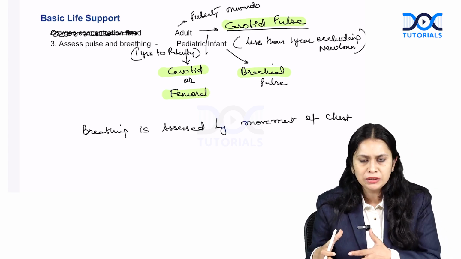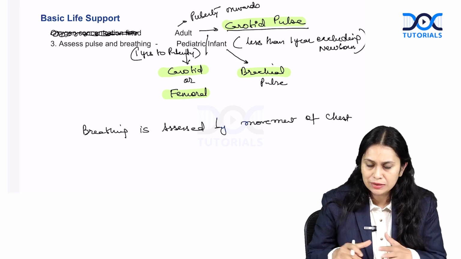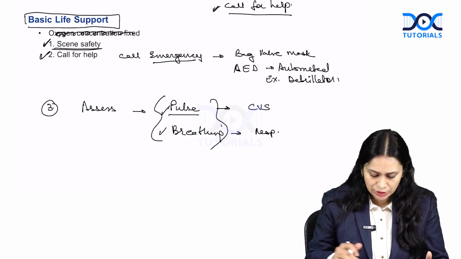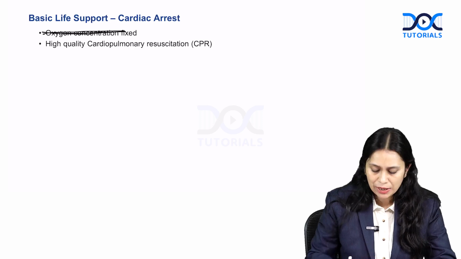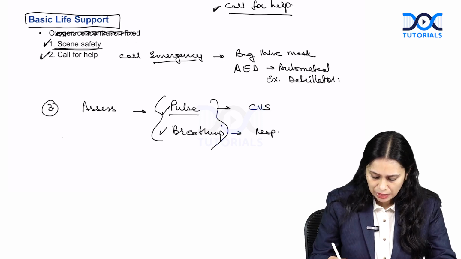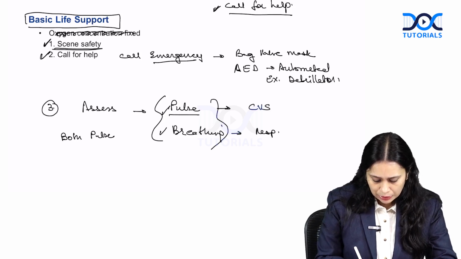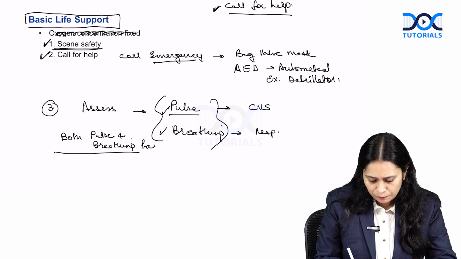Now further steps depend upon the presence or absence of these two, pulse and breathing. So we will assess pulse and breathing, and then the fourth thing would be how we approach the patient. The patient can have three situations. First, both pulse and breathing are present.